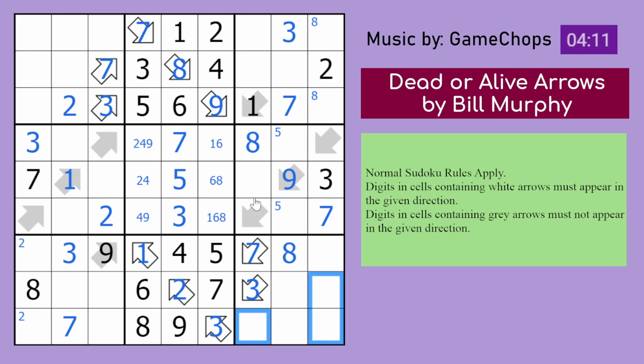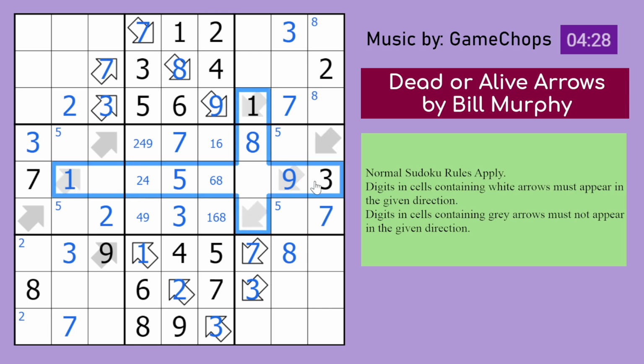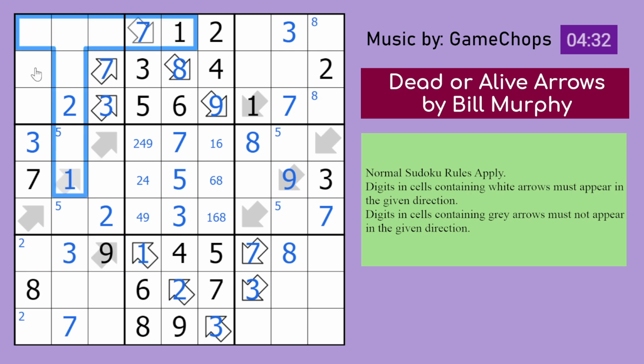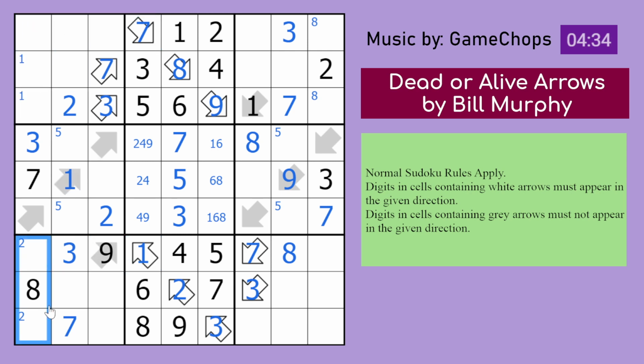We still can't say much, I think. We might do the same here where 5 is in one of those cells. No, okay. Okay, 1 in this box must be in one of those cells, which means 1 is in one of those cells.